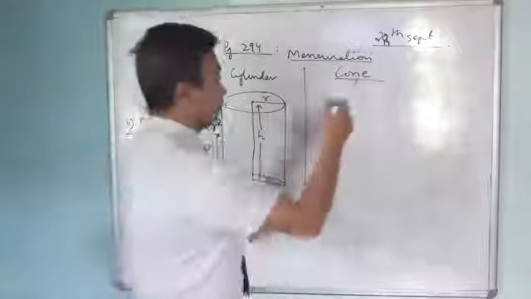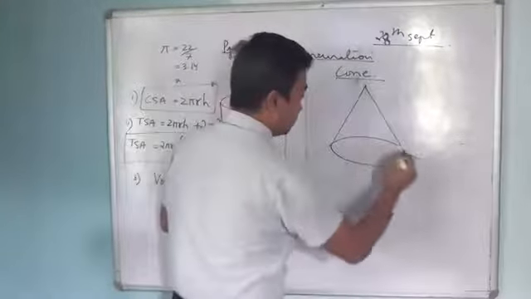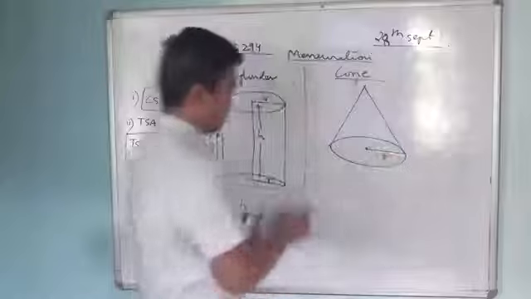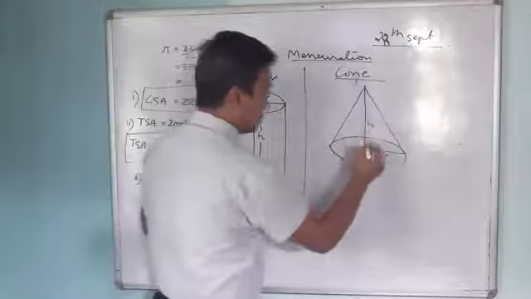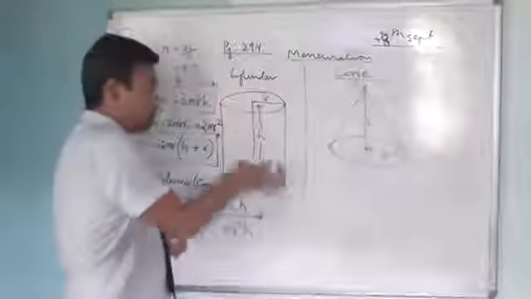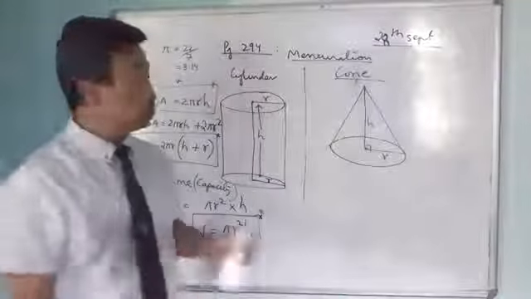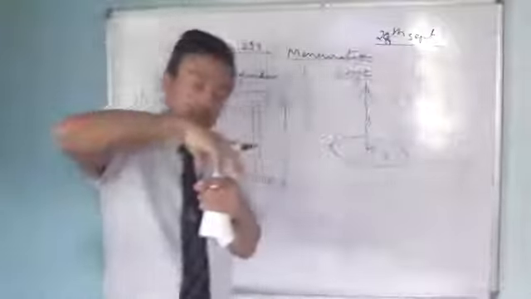So basically, in the cone also there will be only one base. See, this base remains intact. The height also remains intact. But what is the difference you find? This is squeezed because the circle at the top is removed.